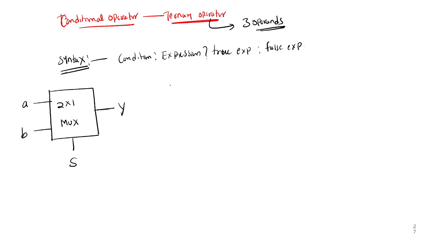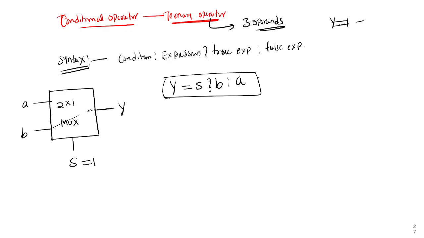That means y equal to s, that is, when s equal to 1, which one will be connected? B. So B is connected to y. Or otherwise A. So within one condition, I wrote the logic for the 2 cross 1 mux.